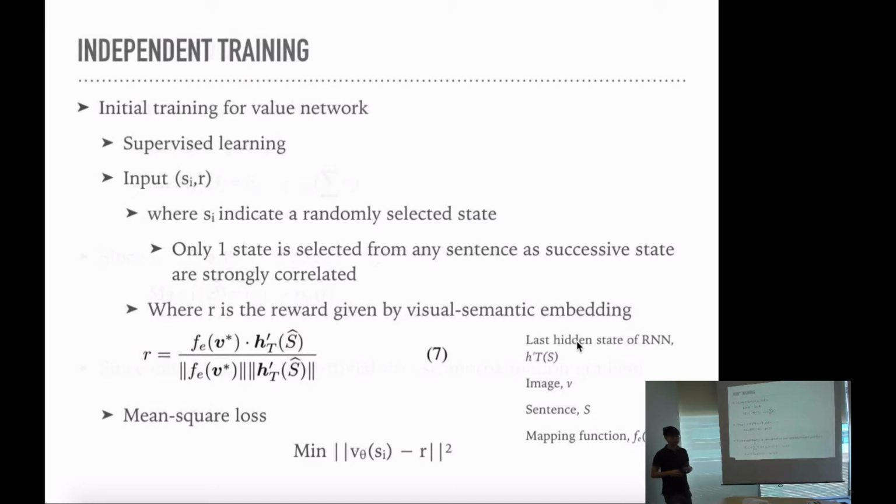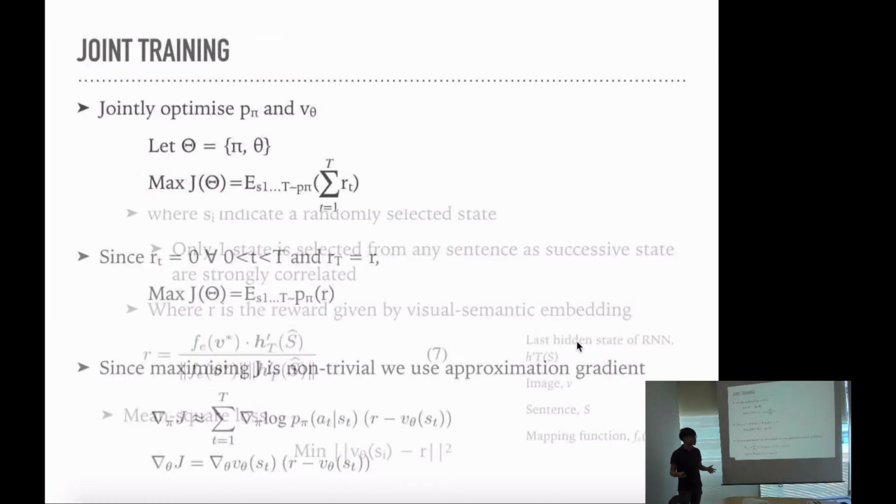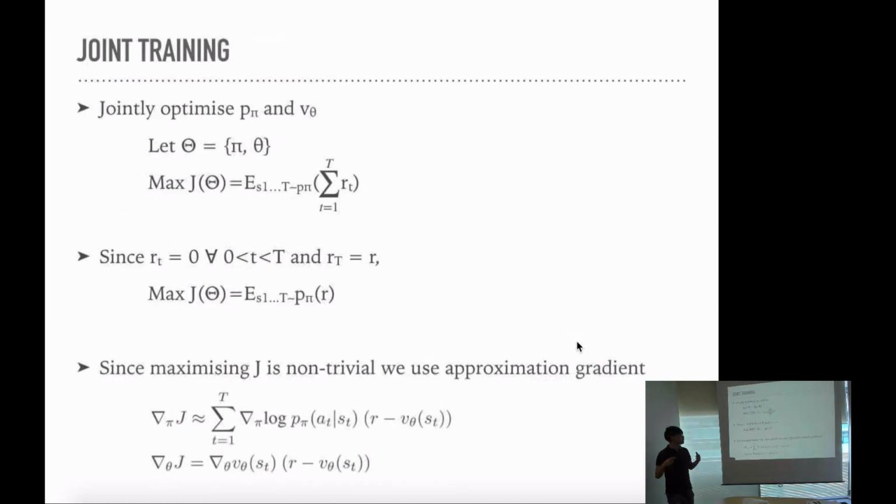Then finally we have joint training. We jointly optimize the policy network and the value network. Let's say we have large capital theta, which takes in all the parameters of the value network and the policy network. We have to maximize J theta to maximize the expected reward. In reinforcement learning, the reward only comes at the end of the sentence. So let's say "a dog", there's no reward, but at "a dog sitting on a bench", the reward comes.